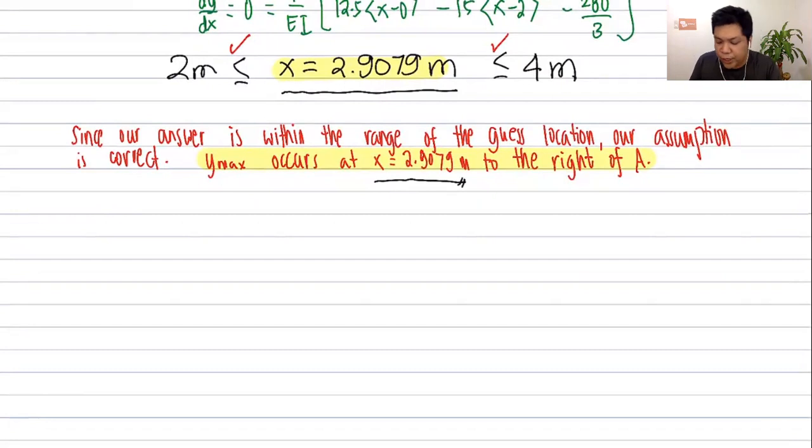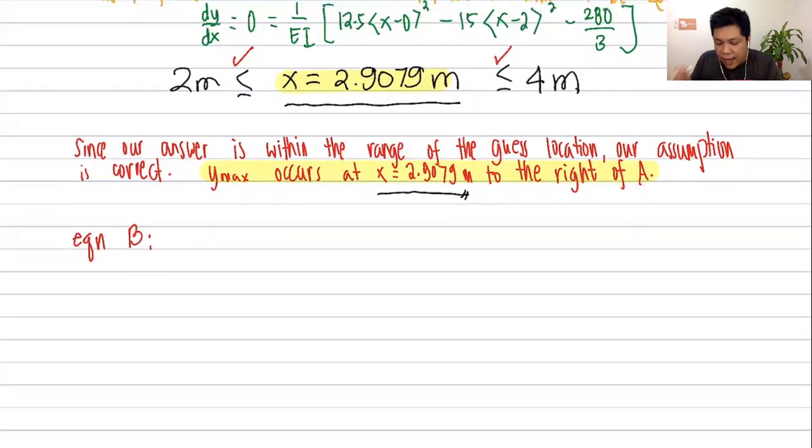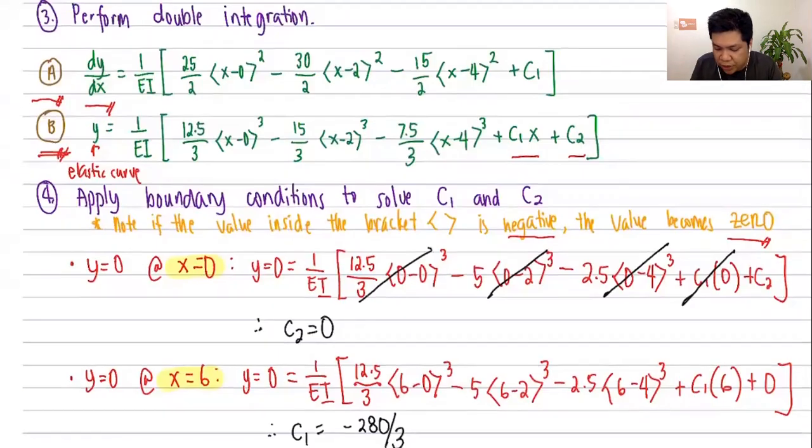Now that we know the location, we can immediately solve using equation B. So using equation B, I can now solve for the deflection.